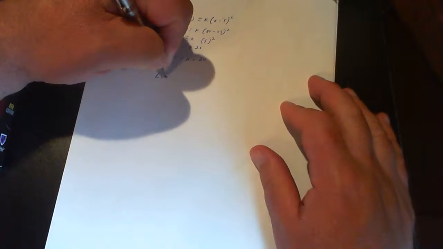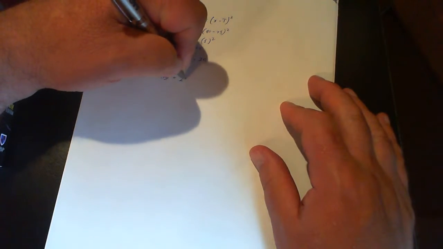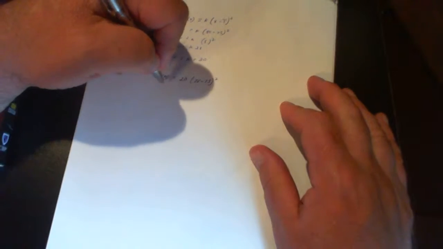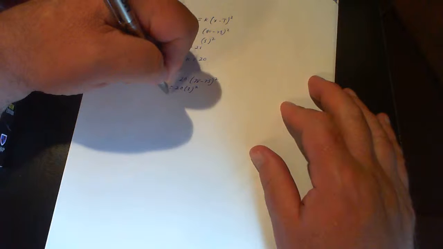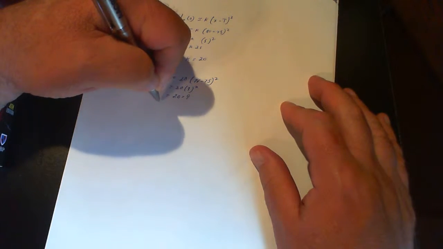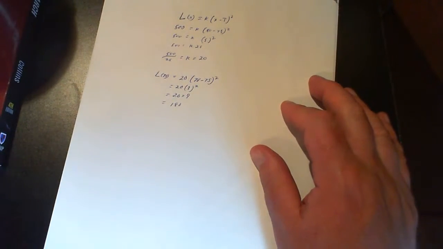L at 78 equals K, which we now know is 20, times 78 minus 75 squared. So that's going to equal 20 times 3 squared, equals 20 times 9, equals 180. Okay, so that would be exercise 17-14.